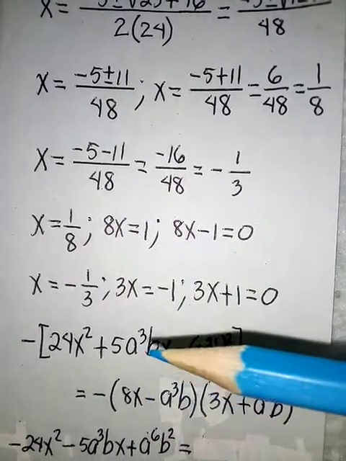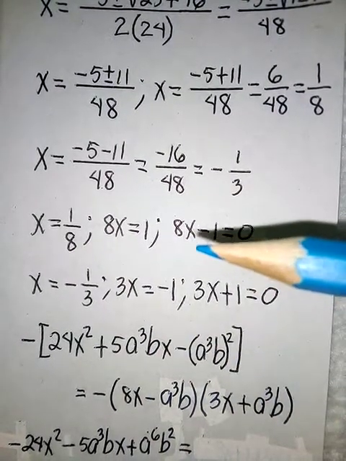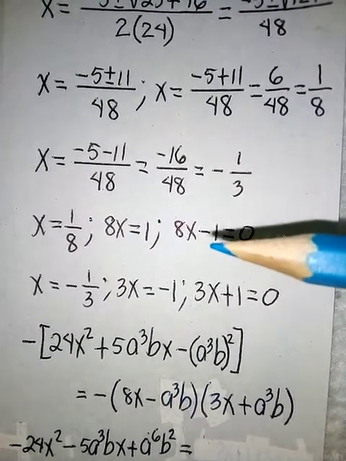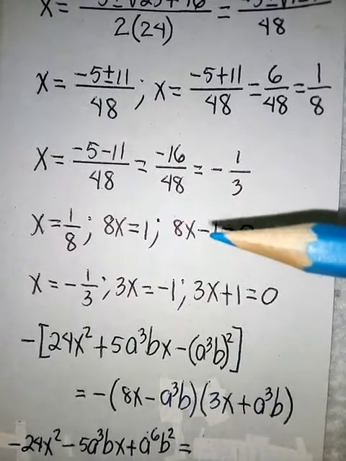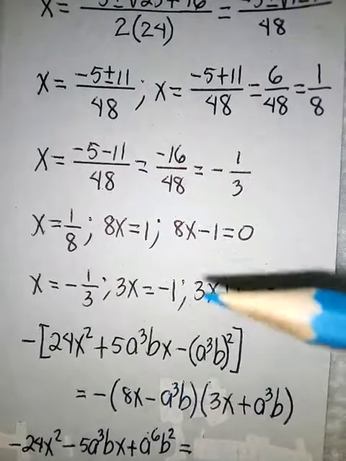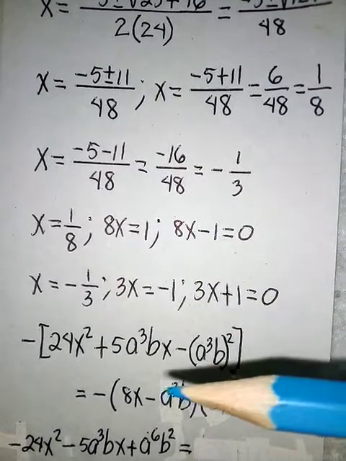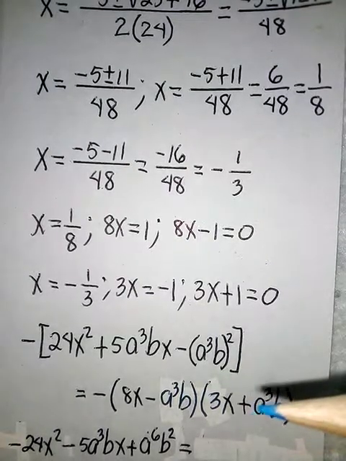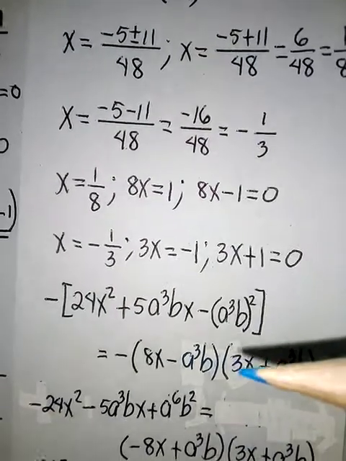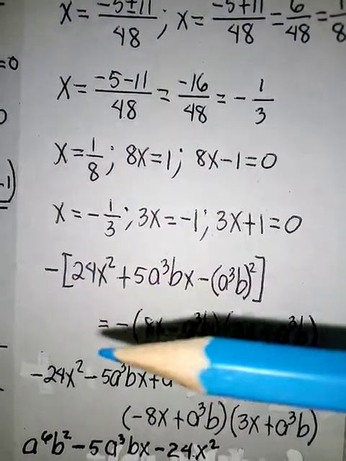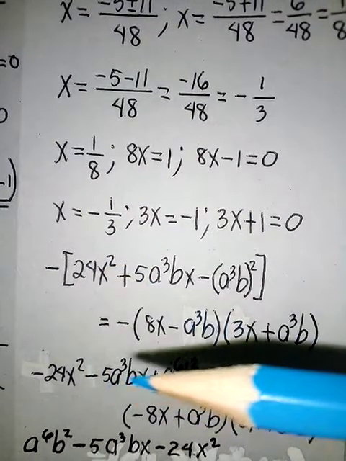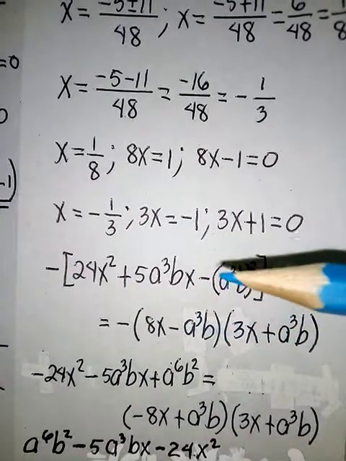But we made an assumption before that a cube b is equal to 1. So we now substitute a cube b in place of 1. So quantity 3x plus 1, or quantity 3x plus a cube b. So, multiply the negative sign. Negative 24x squared, and then negative times positive is negative 5a cube bx. Negative times negative is positive a to the 6b squared.